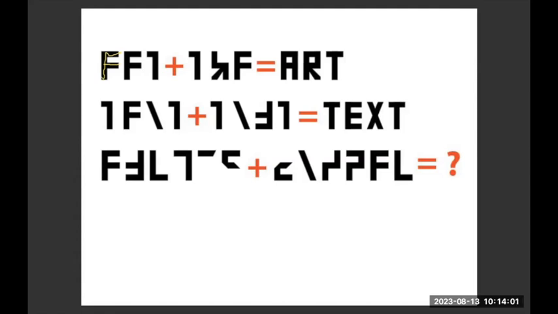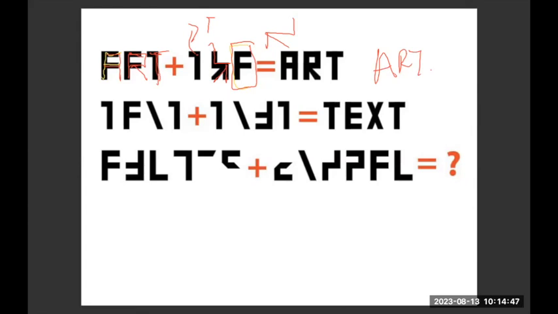So I'm just saying if we combine this with this letter here, you get A, this middle letter, and this letter. If you flip this letter out, and then this letter, and then if you flip this, you get T. Okay.